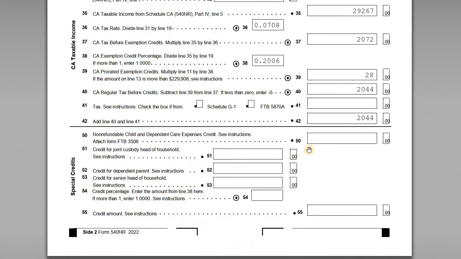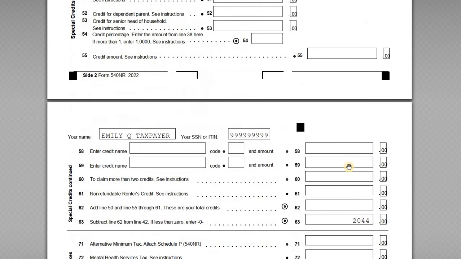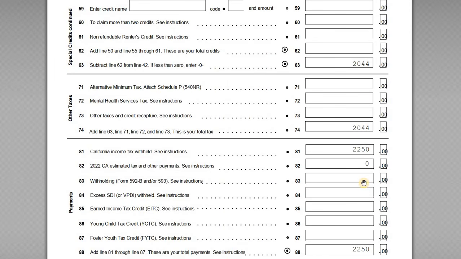Now, that is pretty much all the tough calculations, to be frank. The rest of this are special situations where you might have additional credits, but in most cases, these are not going to apply. Every case is different, so you might have things like renter's credits or AMT to worry about. But in Emily's case here, she just has the $2,044 in tax that she's liable for on her income in California.